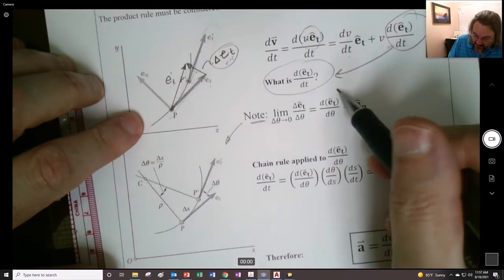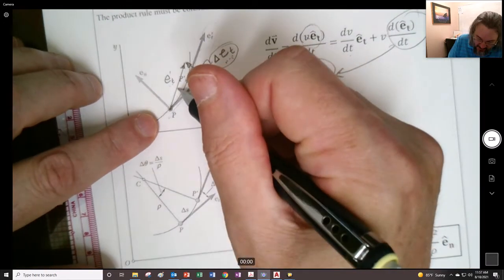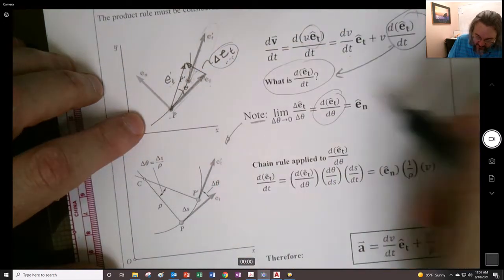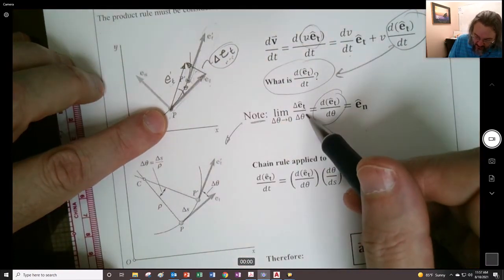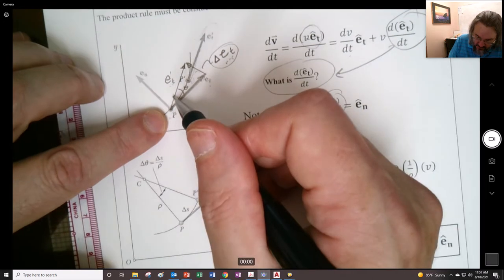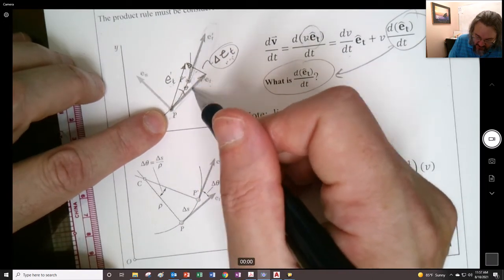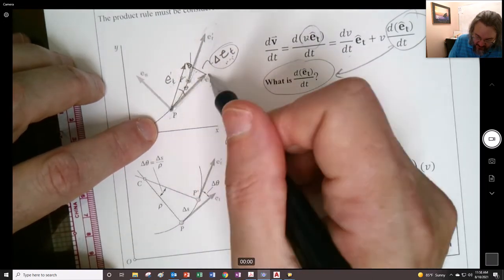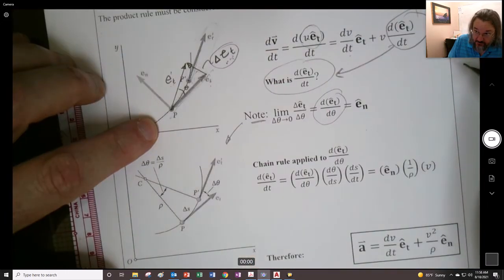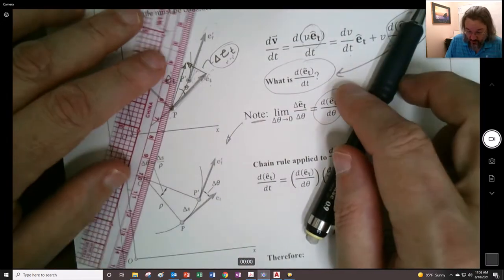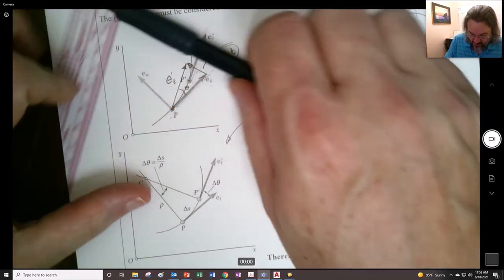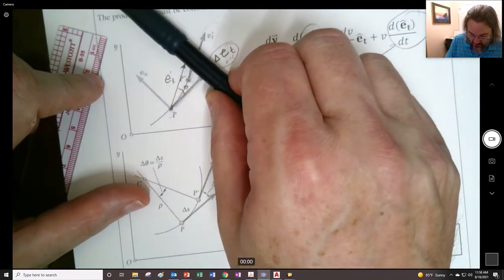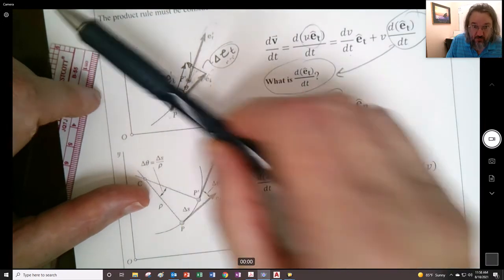As the angle formed between there gets smaller and smaller, it starts to get more and more perpendicular to this vector right there. You see what I mean? This thing starts to straighten out and becomes more and more perpendicular.